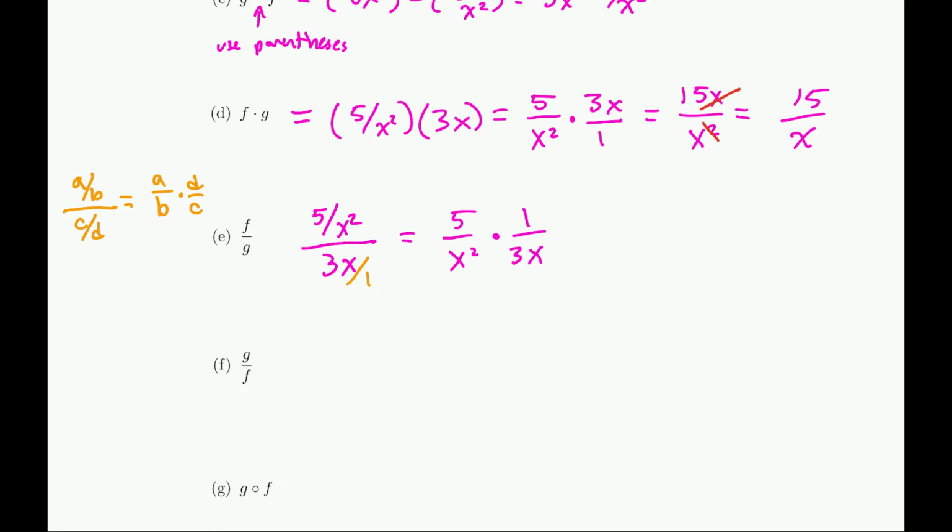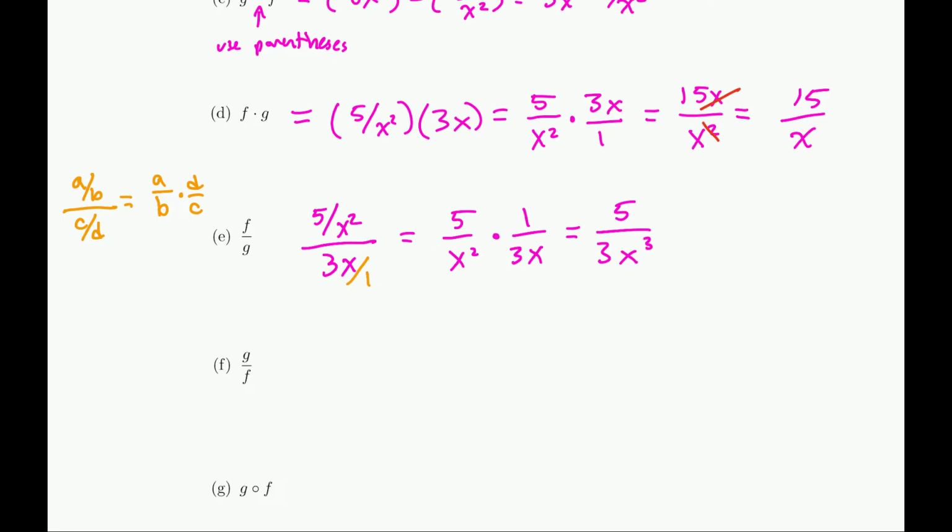Once we write it this way, we know to multiply across the top and across the bottom. So 5 times 1 is 5 on top. On the bottom, x squared times 3x is going to be 3, and the power will be, well, this is x squared and this is x to the 1. You add those exponents and get x cubed. Okay, so there we go.